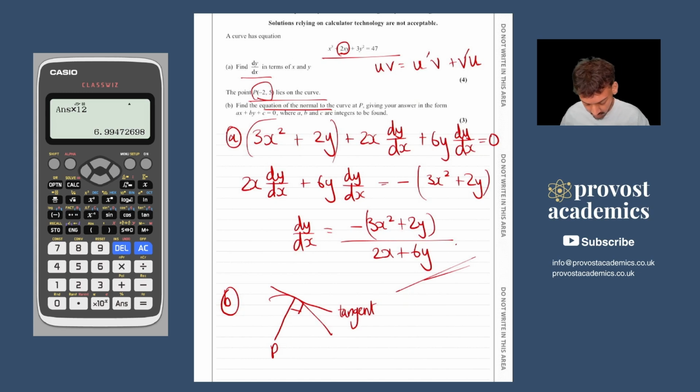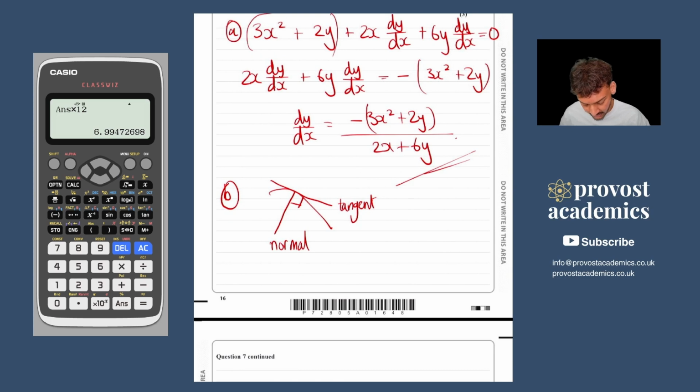So if I sub in my coordinate P into my derivative expression and then find the negative reciprocal of that value, I should be left with the normal gradient.